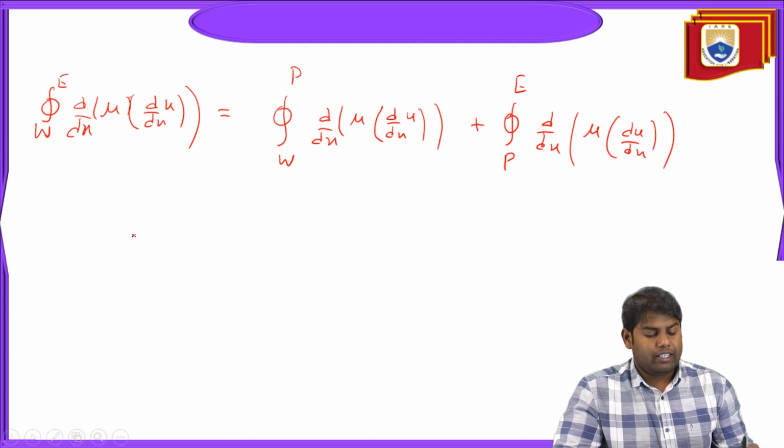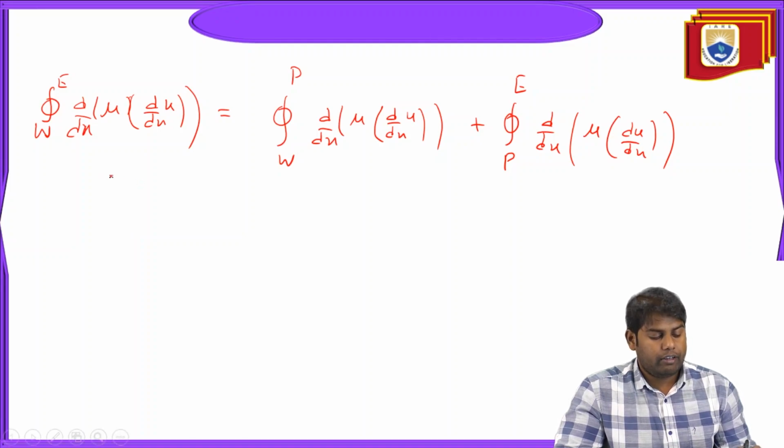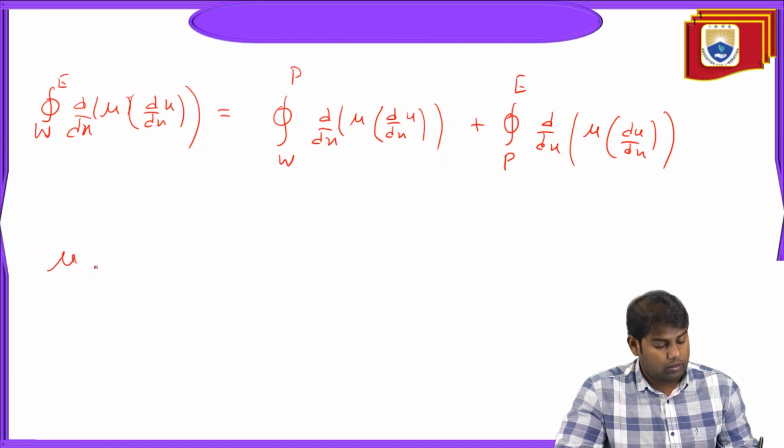Fine. For this, what we have done is, when you do the area integral, you can take it as dA. When you do this integral first, we get mu at w minus mu at p.